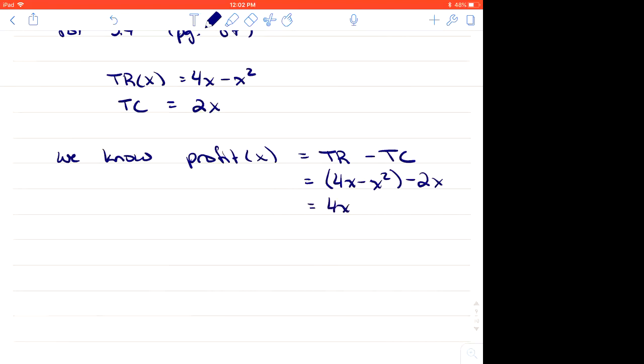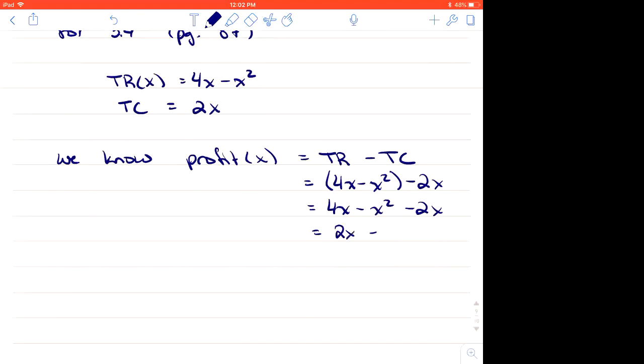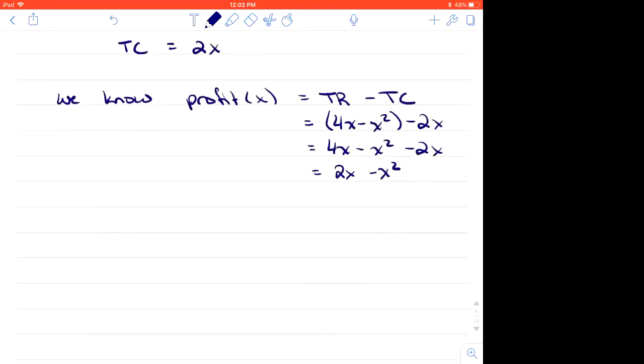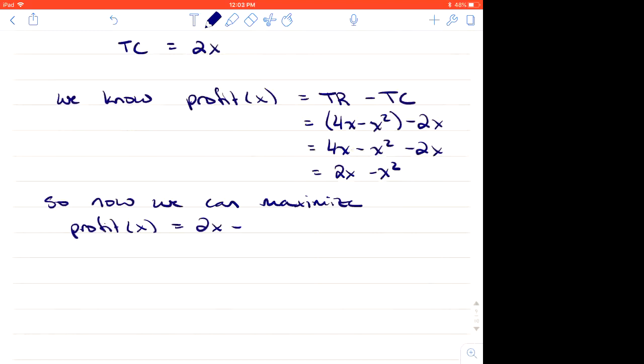Getting rid of the brackets, they're not doing anything. 4x minus 2x makes 2x minus x squared. So now we can maximize the profit of x is 2x minus x squared. Right? So you can use those problems to make more profit functions that you have to maximize if you want to.